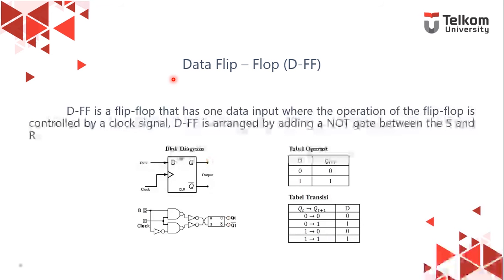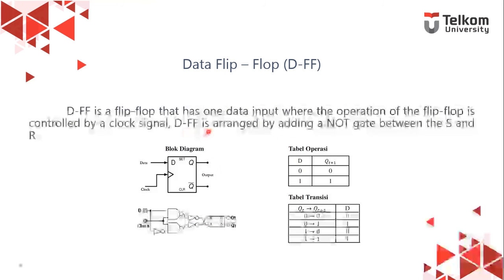The second one is the data flip-flop, or D flip-flop. A D flip-flop is a flip-flop that has one data input, where the operation of the flip-flop is controlled by a clock signal. The flip-flop is arranged by adding a NOT gate between S and R. What does that mean? The D flip-flop comes from the basic SR flip-flop.